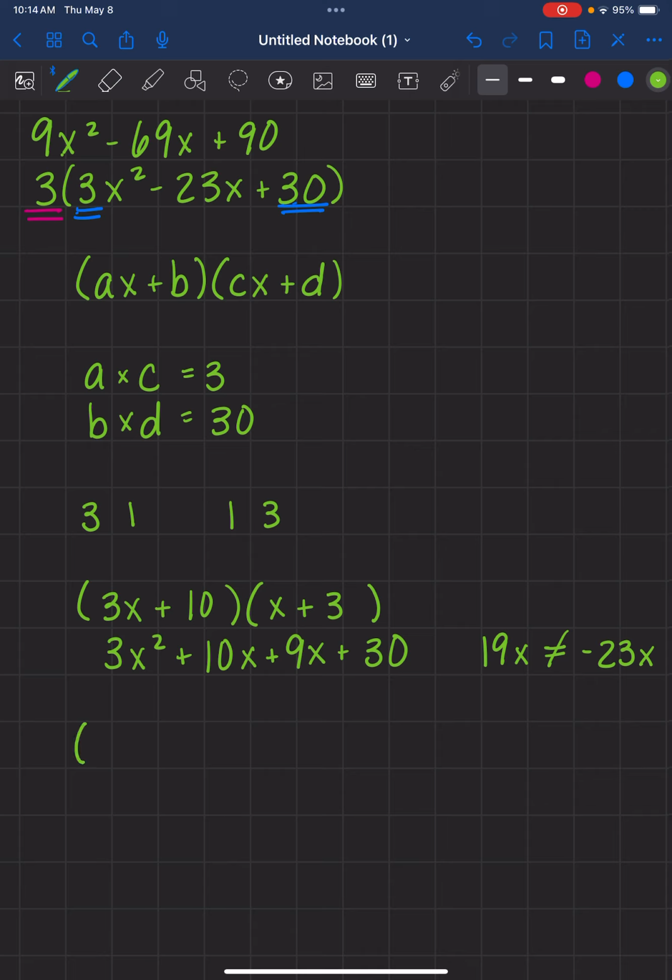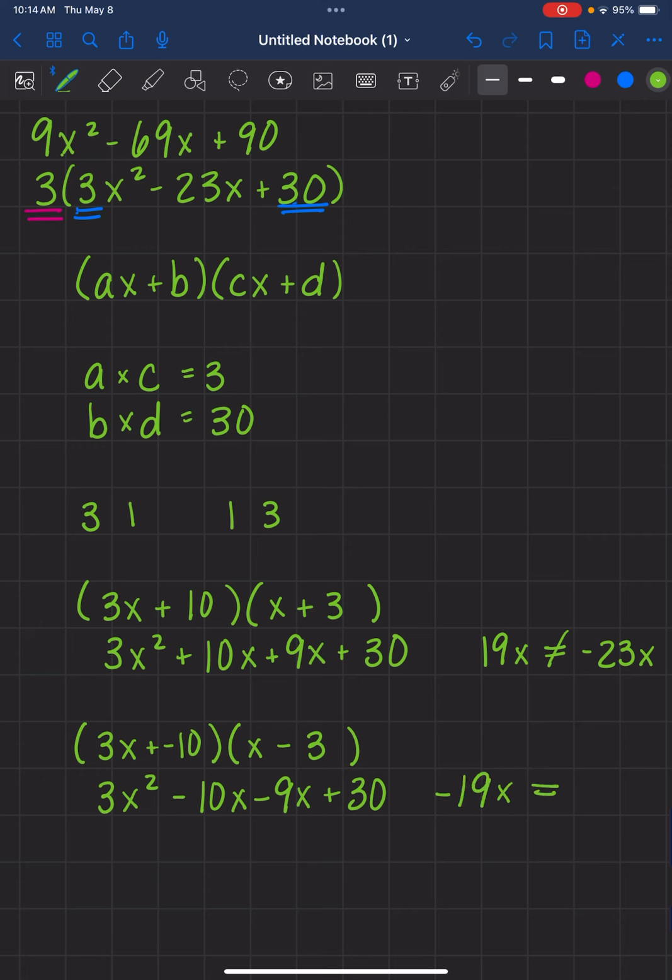So we try another one. 3x plus something and x plus something. And let's do negative 10 and negative 3. So we again have 3x squared minus 10x minus 9x plus 30, and that's not going to work because that's negative 19x.